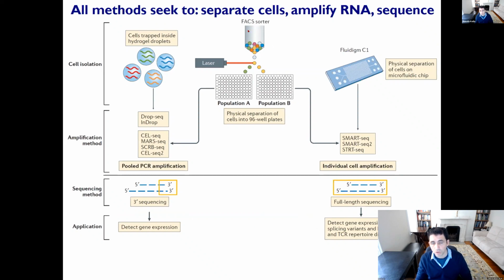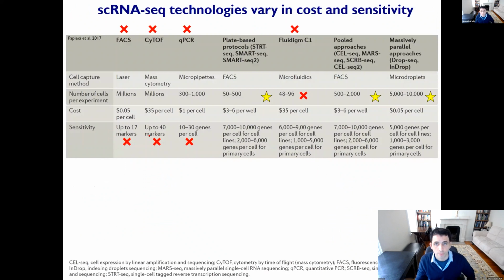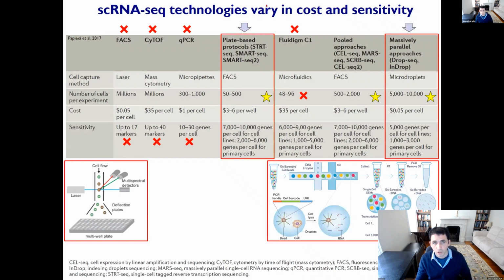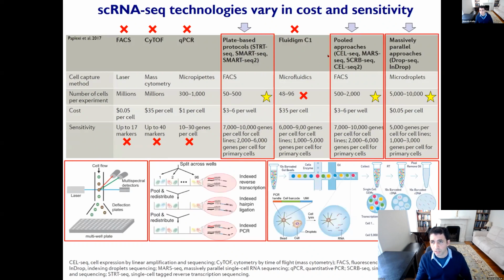And as your FACS sorter, for example, might be selecting different populations, you might be inserting them into microfluidic devices or capturing them directly into droplets. So let's talk about these individual technologies and the advantages of each, focusing specifically on SmartSeq, DropSeq, and then these pooled approaches.